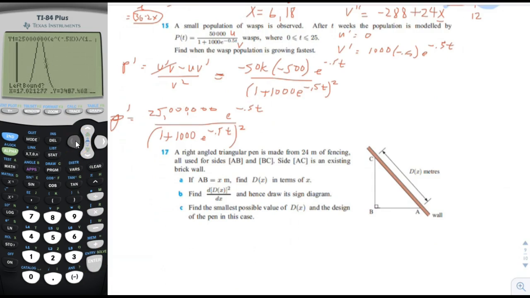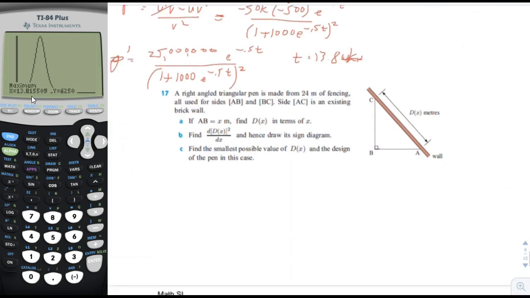And left bound, we're going to go a little bit to the left of that hump, hit enter. We're going to go a little bit to the right of that hump, we'll hit enter. And the answer is 13.8. So the T is going to be 13.8 weeks. And I think we're done.